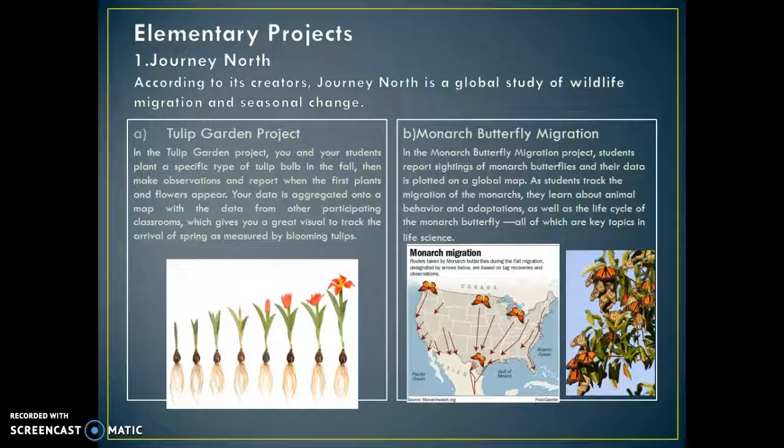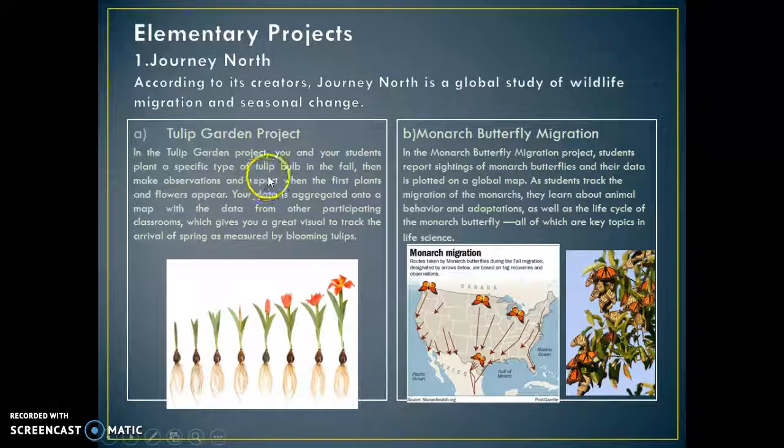The first one is Journey North, which has two projects. It is a global study of wildlife migration and seasonal change. For example, the Tulip Garden project: you and your students plant a specific type of tulip bulb in the fall, then make observations and report when the first plants and flowers appear.